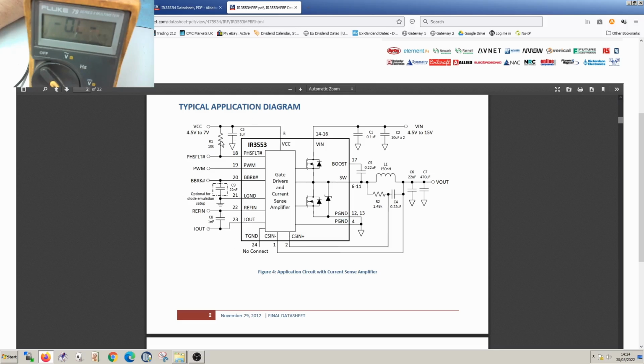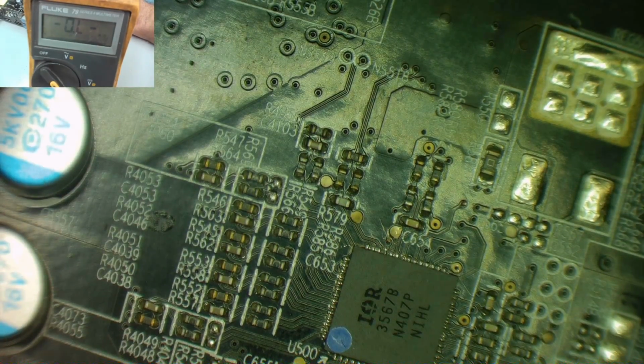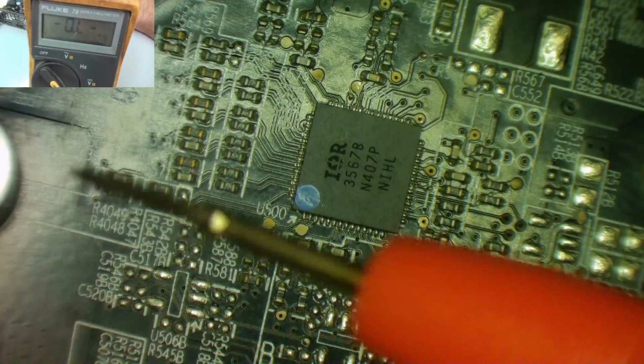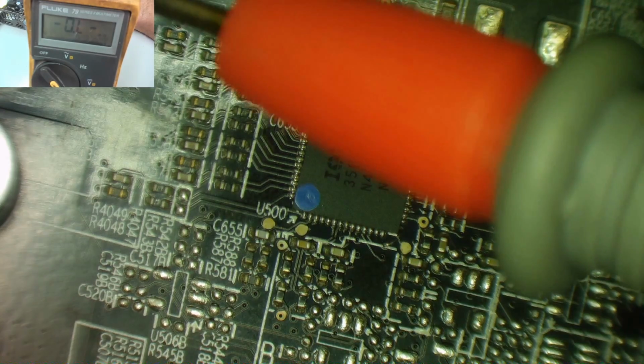There's nothing that we need to really worry about too much in this tutorial. We will also find on the board the pulse width modulator controller, which in this case is this IC. So this is sending pulses to each of the drivers in turn, and then the driver is controlling the on-off switching between the pair of MOSFETs on that synchronous regulator.